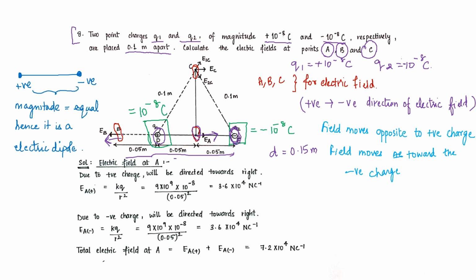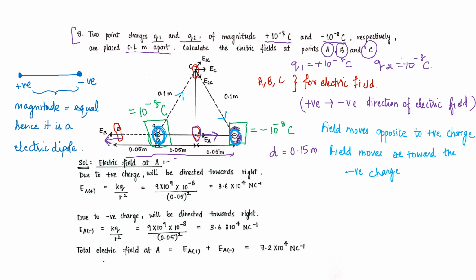So see over here, this is our negative point. This will attract the field. The field will come in this direction from C. This is our positive charge. The fields will go in this direction.